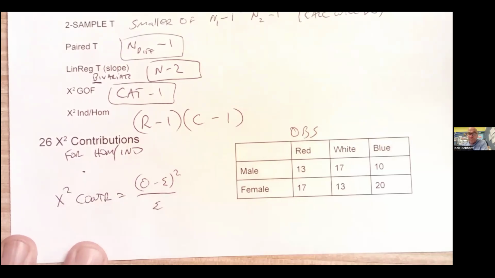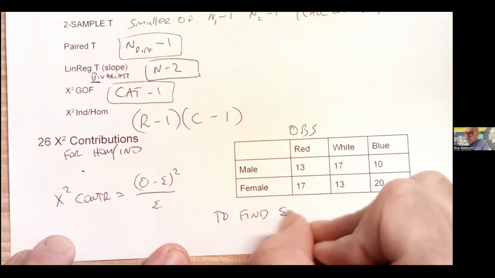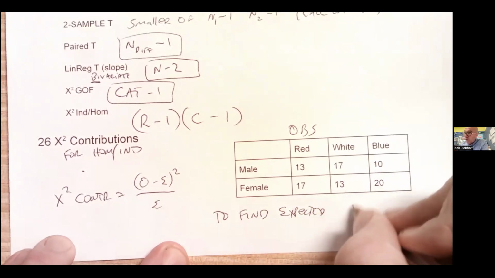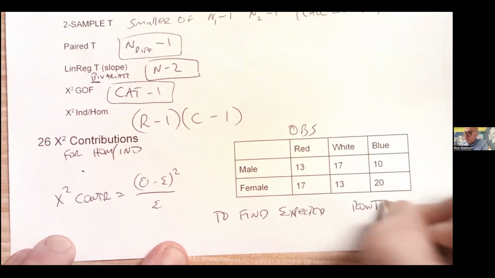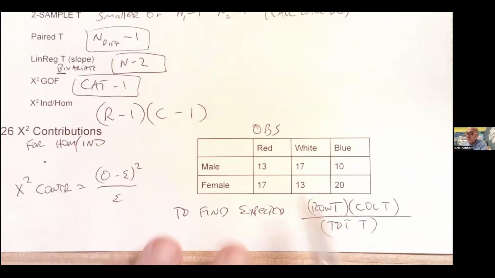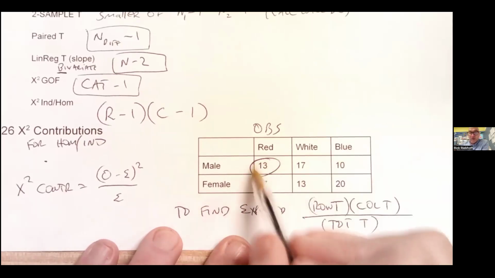So finding the expected. Okay, to find expected, we're going to take the row total times the column total and divide it by the total. So in this case, if I want to find the contribution here, this is the observed.